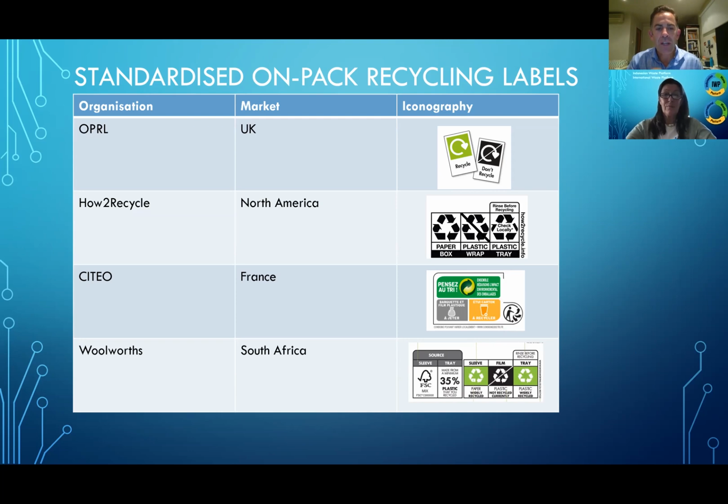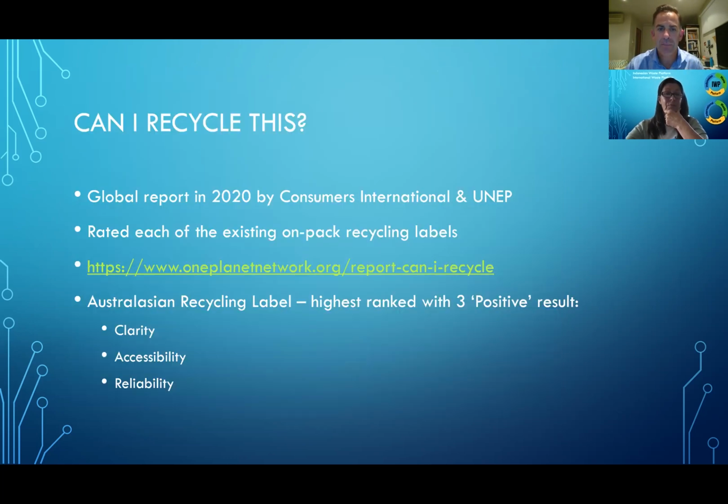Now, 2015 was when the French came up with the tree man, but it's been expanded, and they've got this iconography. You can see there a little bag and a bin. So there are little pictures for each to tell the consumers which receptacle it should go into. So that's been the last, I suppose, 11 years of development of these on-pack recycling labels in different nations.